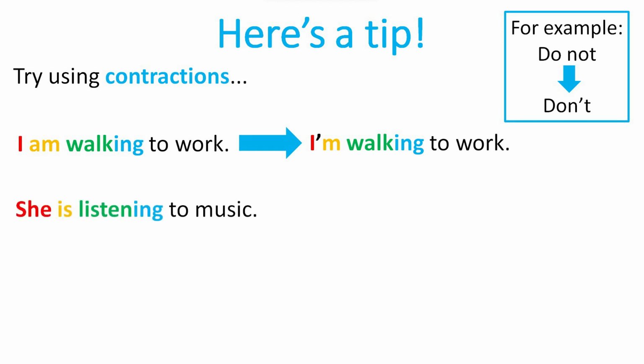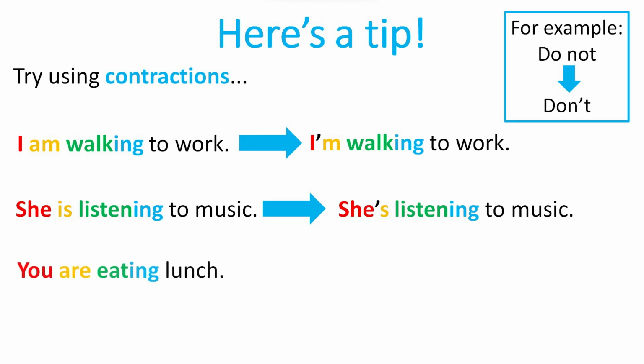She is listening to music. We could push she and is together to make she's listening to music. You are eating lunch. We could push you and are together to make you're eating lunch.